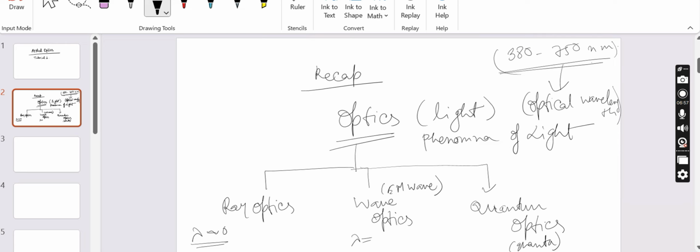This quantum optics domain is very modern, and it is not part of this course, but let me tell you that quantum optics is the basics of quantum communication and quantum physics in general.